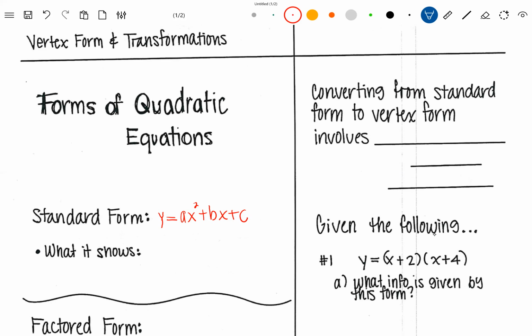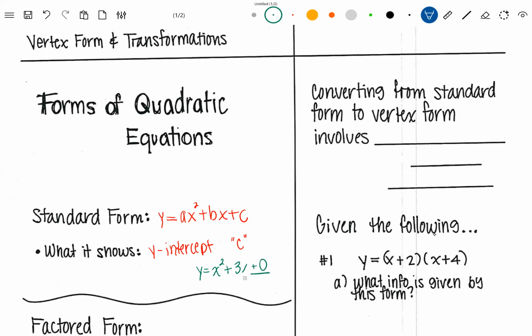But if I just look at this equation, I can tell one thing about the graph, and what it shows is the y-intercept. We talked about that before. The y-intercept is whatever that last number is, that c. Like I said, if you had y equals x squared plus 3x, there's not a constant out here, but you could always put 0, so the y-intercept would be 0.